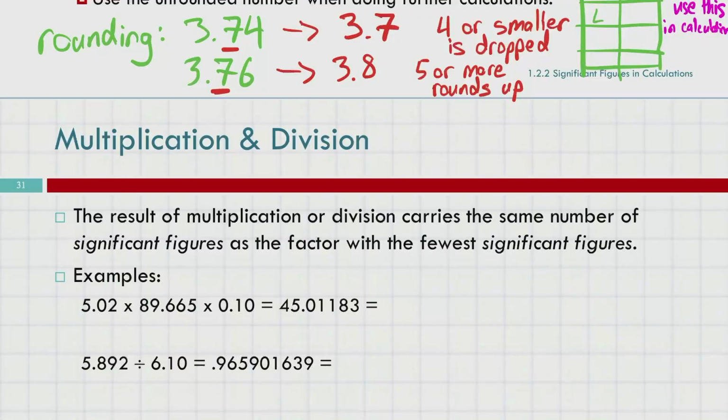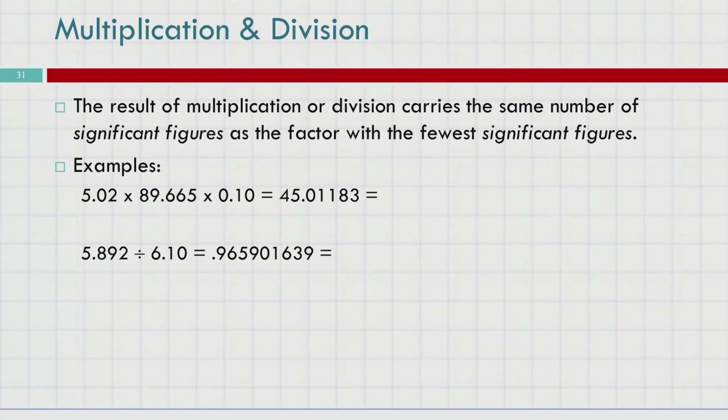When we are doing multiplication and division with significant figures, the result, what we get out of our multiplication, our division, gets the same number of significant figures as the factor with the fewest, the smallest number of significant figures. So for example, we've got 5.02. We have an interior 0, 5 and 2 are non-zero.